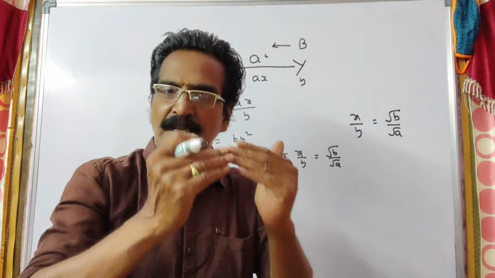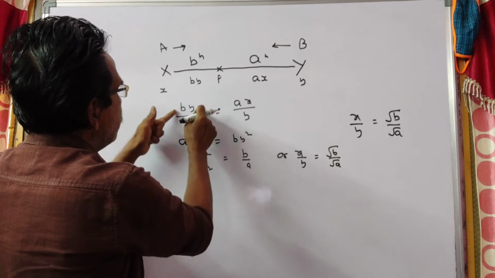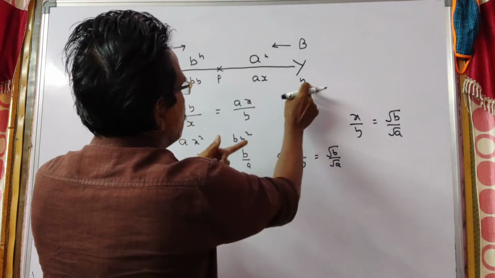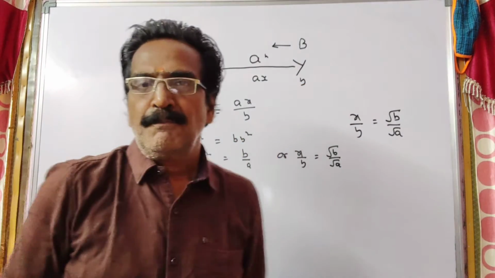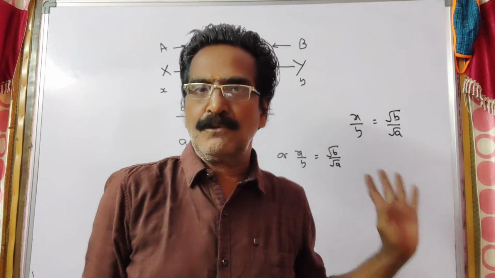Time is equal to distance by velocity. So by simplifying, you get the formula x is to y is equal to root b is to root a.